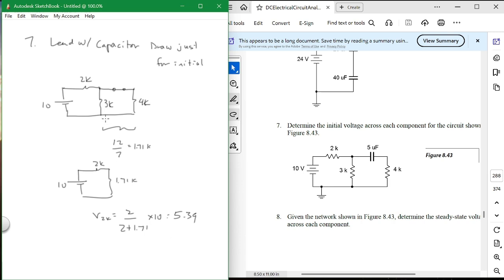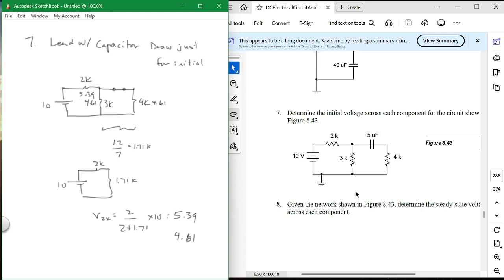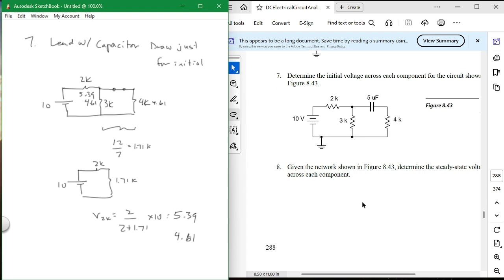Well, what's left is across here, which would be 4.61, right? 4.61 is what's over here. And this is 5.39. And you say, these aren't nice numbers. They don't have to be. They just have to come out to whatever they are. You don't always get nice numbers, but that's the answer to that one.